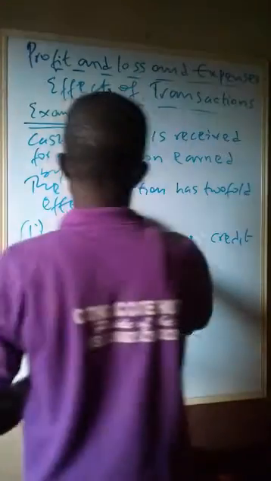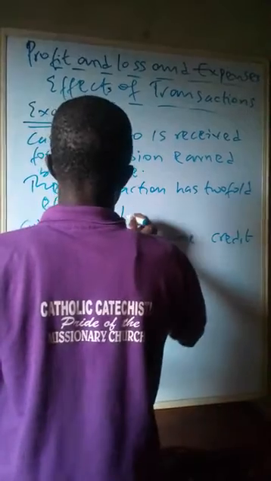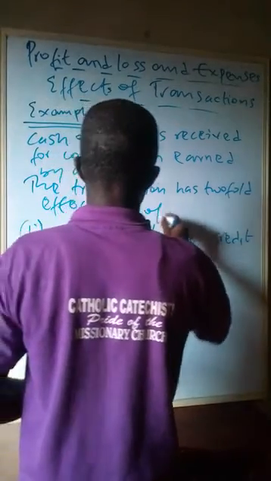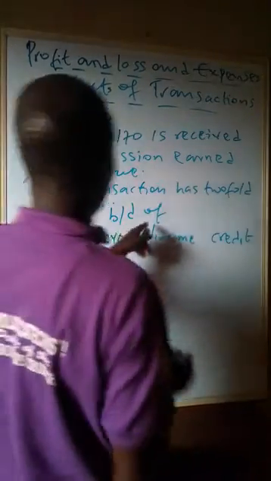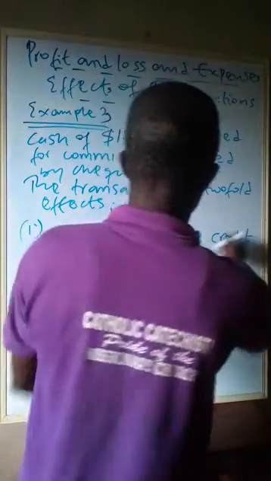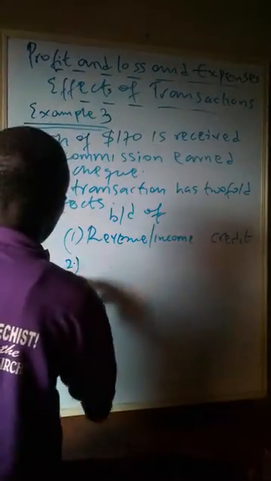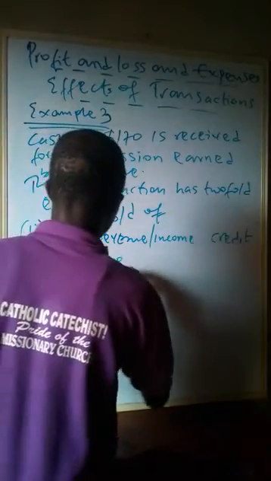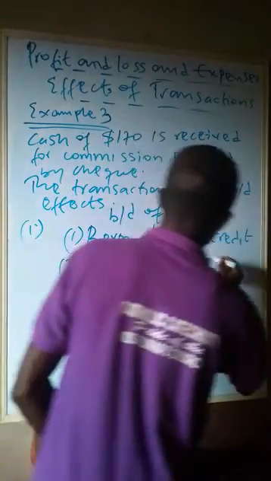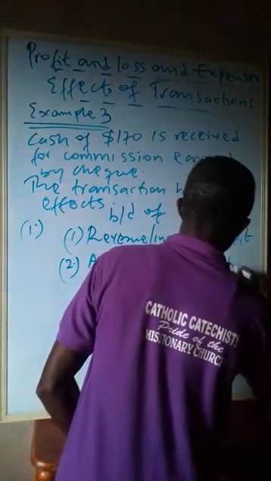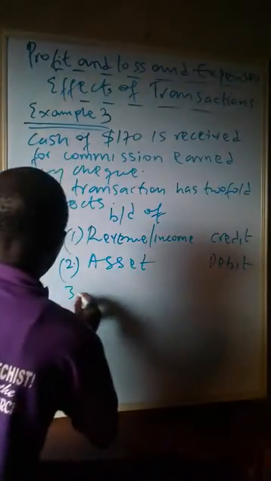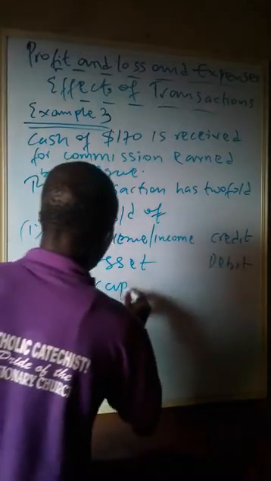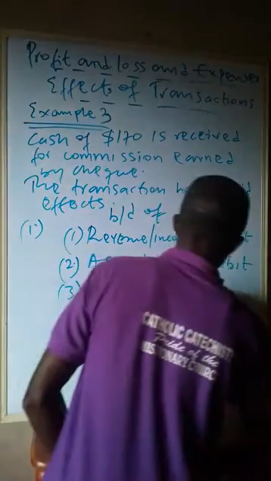Two, the balance of assets, you debit. The balance of capital, you credit.